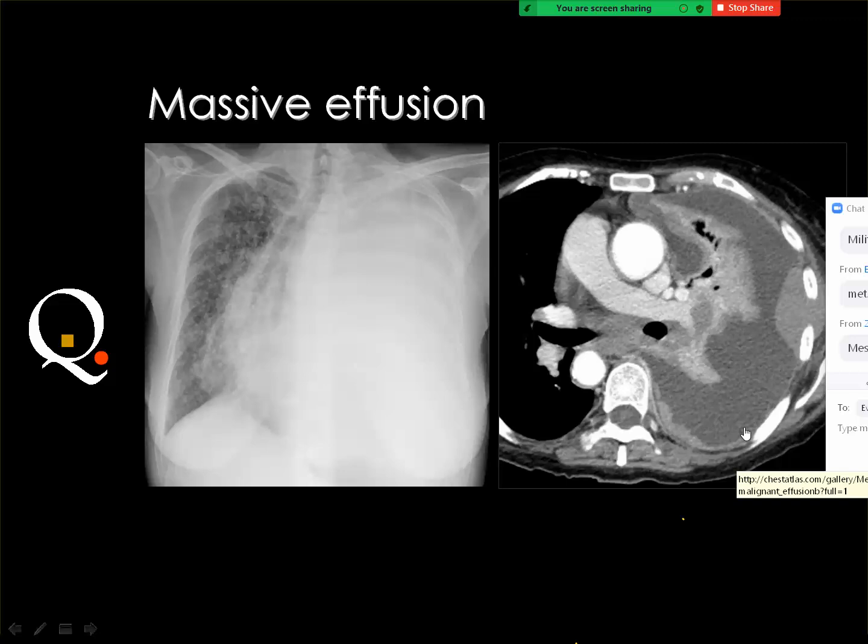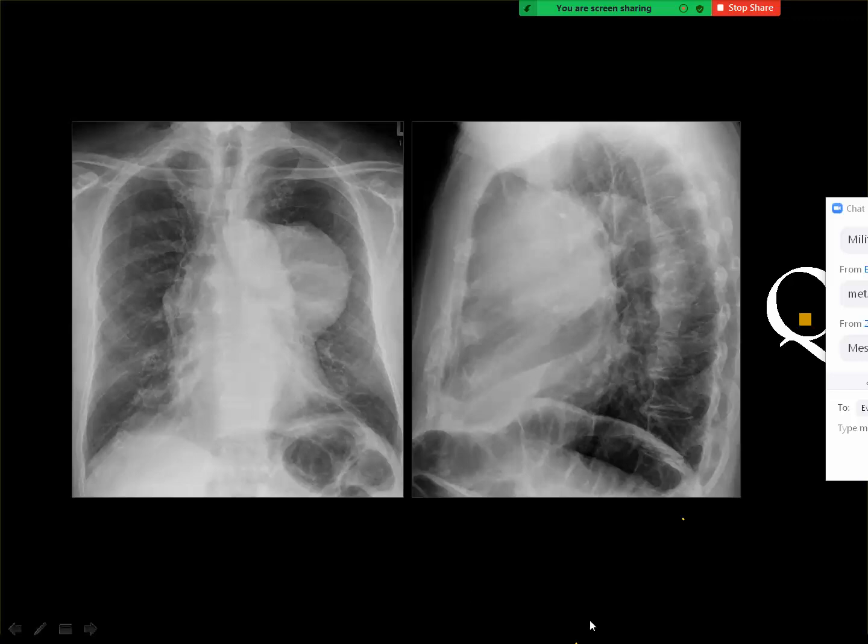Of course, focal mesothelioma can occur, but it is relatively rare compared to the diffuse type of mesothelioma.